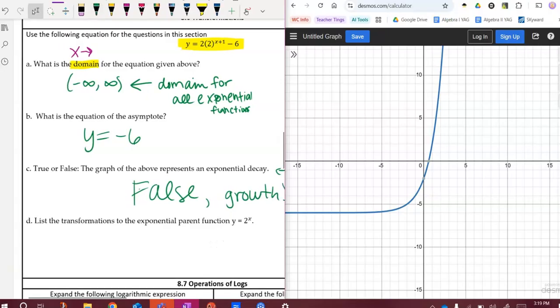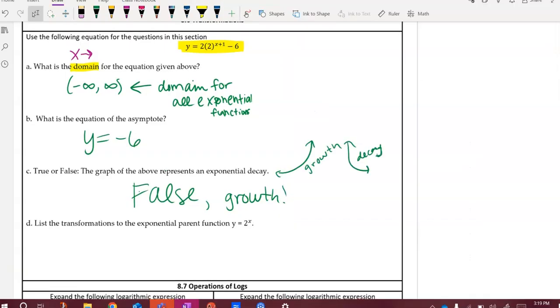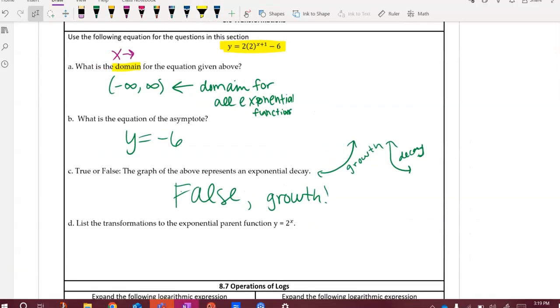Last, list the transformations to the parent function. Now, we don't need the graphing to do this. All we need is to look at our equation. So, exponential equation transformations, we have a times the base to the x minus h plus k. So the transformations we have here are a, h, and k. A, just like we saw in yesterday's video, either represents a vertical stretch or a vertical compression.